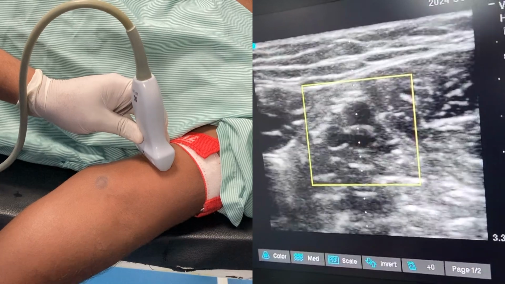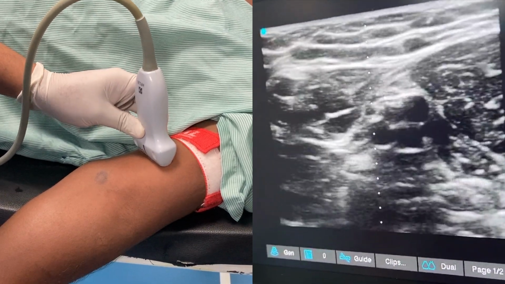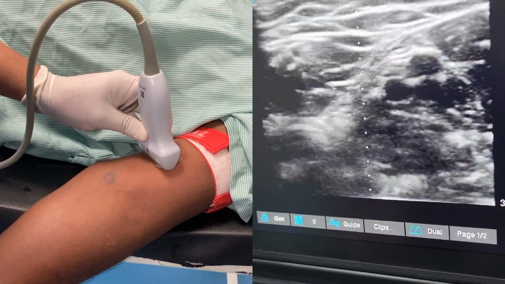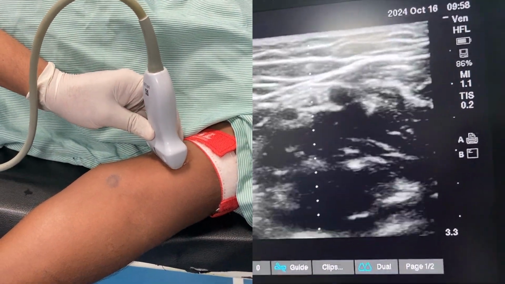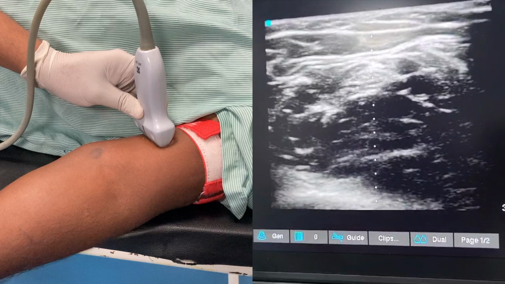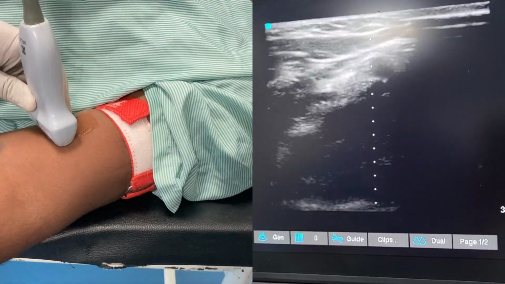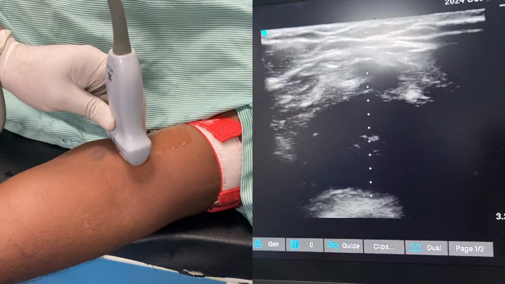So we have to try to locate the brachial artery on the medial aspect, because around the brachial artery you can visualize the brachial vein or basilic vein. Here you can see the few veins around the brachial artery. Then we have to scan the brachial artery till the cubital fossa.